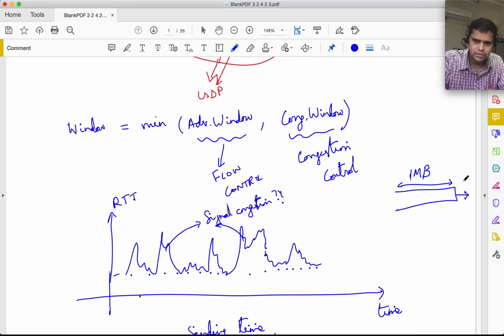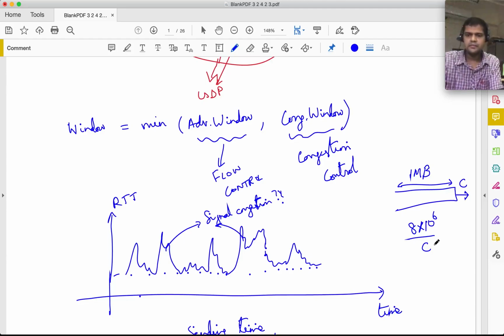But suppose this queue is being emptied at rate C bits per second. So what is 1 MB? It's 8 megabits. Right, and so how long would it take for this queue to empty? 8 megabits divided by C, this much time.